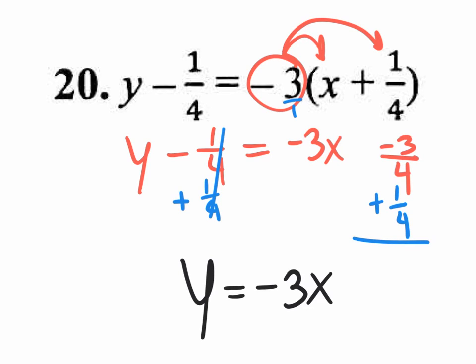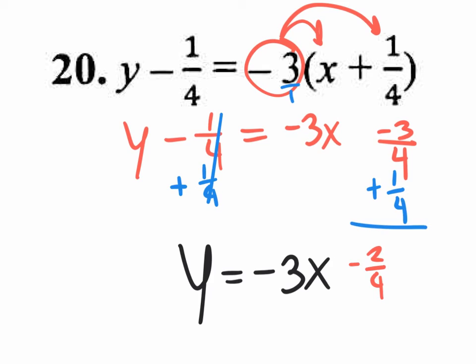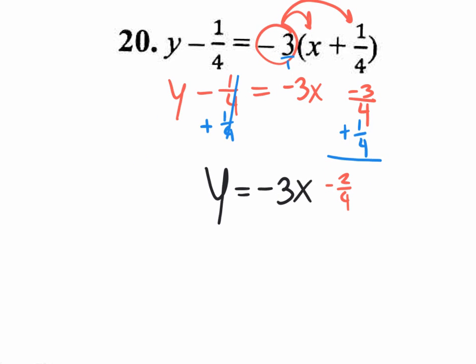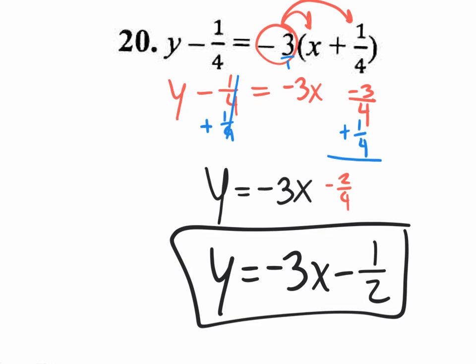And now all I need is the y-intercept, the b value. What is -3/4 plus 1/4? When you have a common denominator, you could actually subtract -3 and the plus 1. You'd end up with -2/4. And -2/4 is really what? -1/2. So you have y equaling -3x minus 1/2.